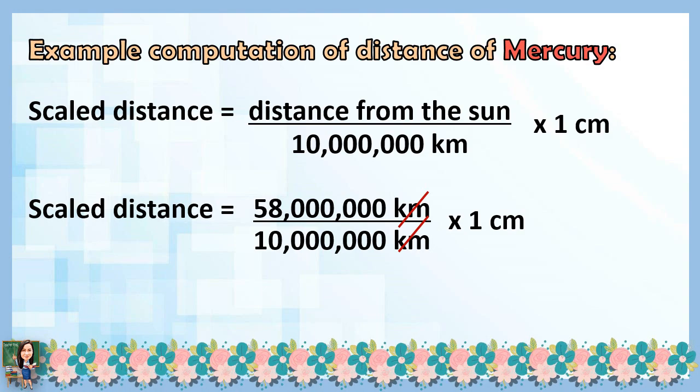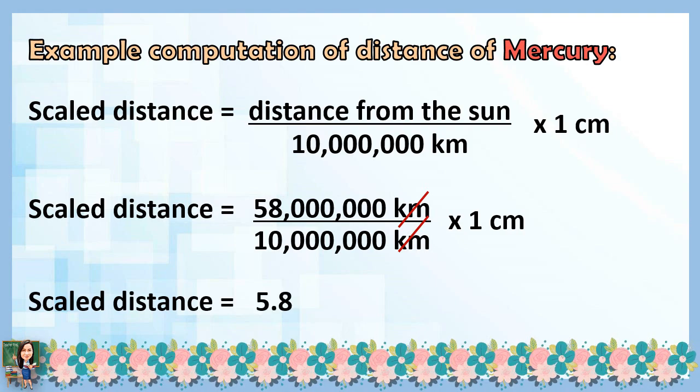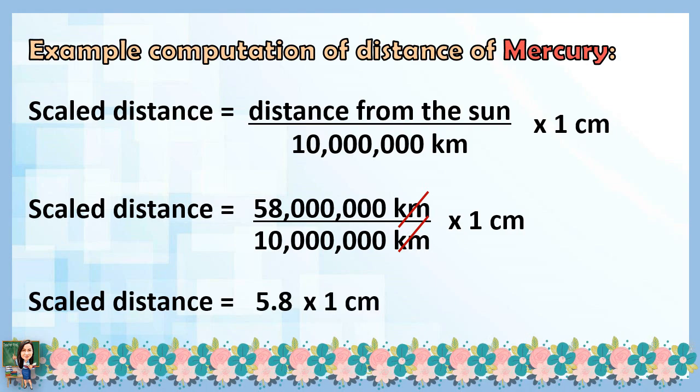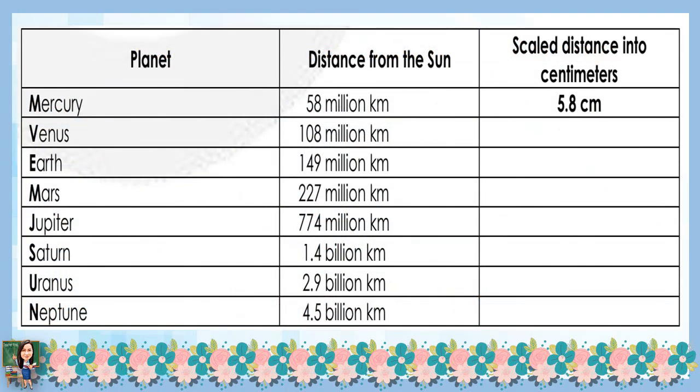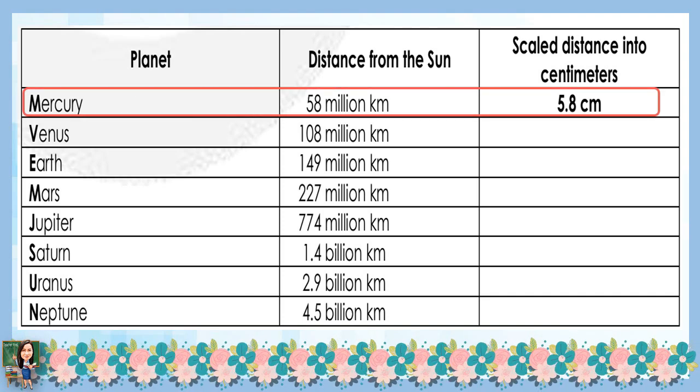Cancel kilometer. So 58 million divided by 10 million equals 5.8 times 1 centimeter equals 5.8 centimeters. The scale distance into centimeters of planet Mercury is 5.8 centimeters.